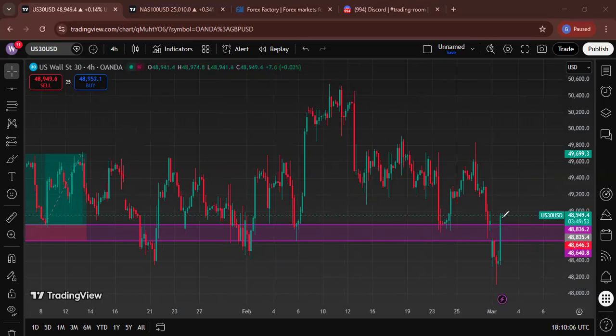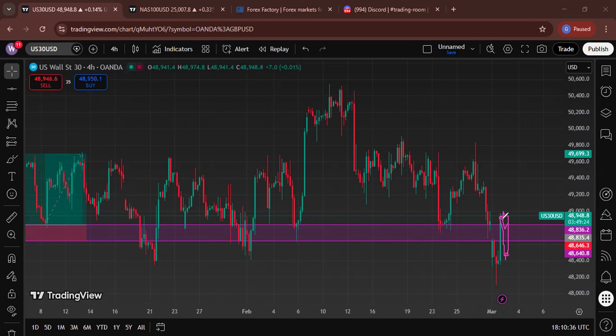However, you see we've had a close above this. If price gets to this area, then we see a push, let's say a candle forming something like this, then that will be a good confirmation for potential sales. But currently, this candle here has brought about price closing above this area.